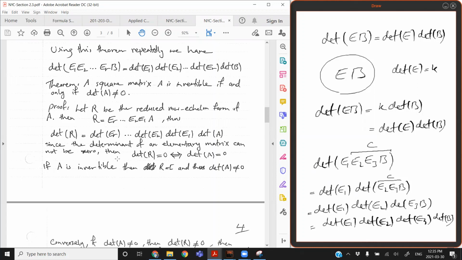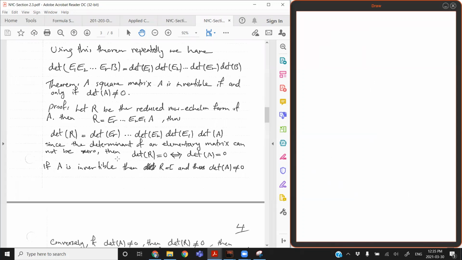Then the non-homogeneous linear system AX equals B is always consistent. The non-homogeneous linear system AX equals B has a unique solution. Then A is reducible to I. Also, A can be expressed as a product of elementary matrices. I think I mentioned all of them.